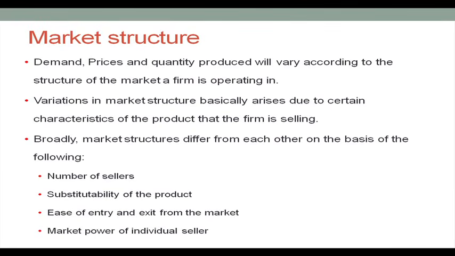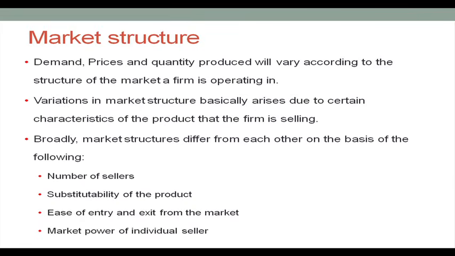If the product is easily substitutable, like if it is possible to have alternatives of this product in the market, then the individual seller cannot have too much power to control prices in the market.